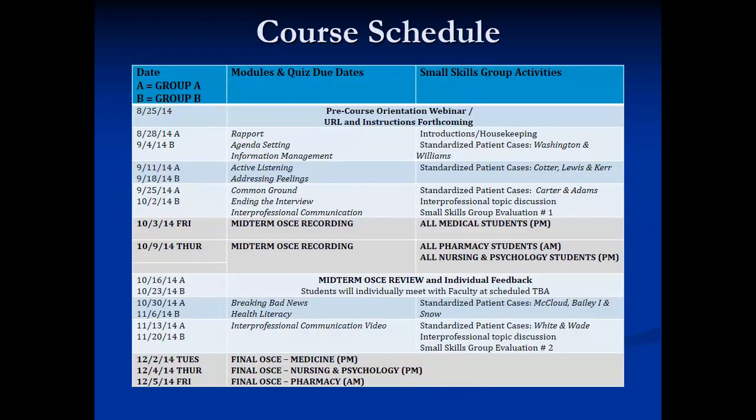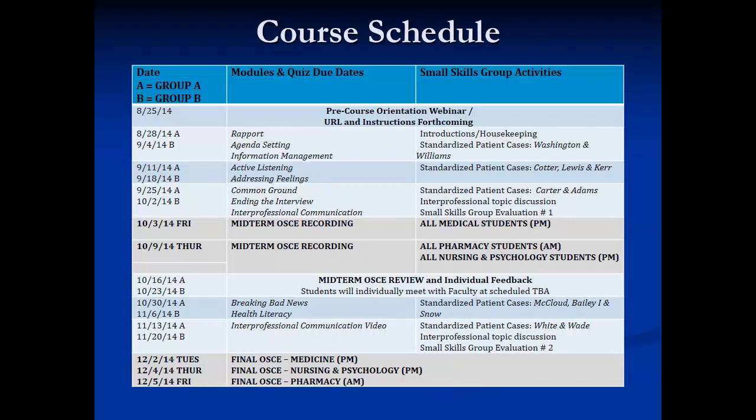I want to take a few minutes to review the course schedule, make sure that everybody understands it. Everybody will be divided up either into a Group A or a Group B. So one of the first things that you should be clear about is, are you meeting in Group A or are you meeting in Group B?